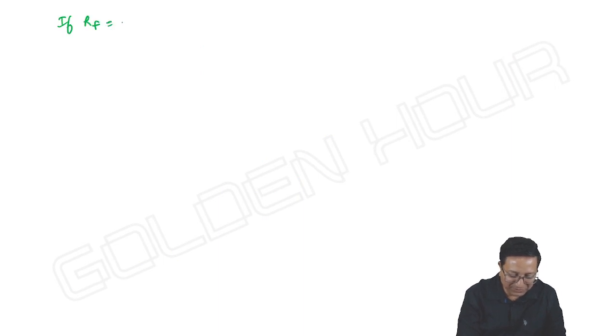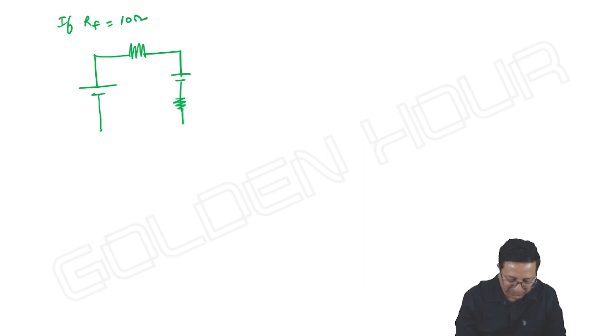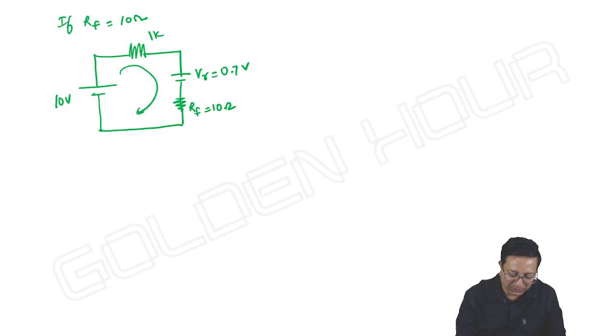Suppose RF is 10 ohms, then V gamma is 0.7 volt, and here this resistor is 1 kilo ohm, 10 volts. So what about the current through the diode? And V is the voltage across the diode.